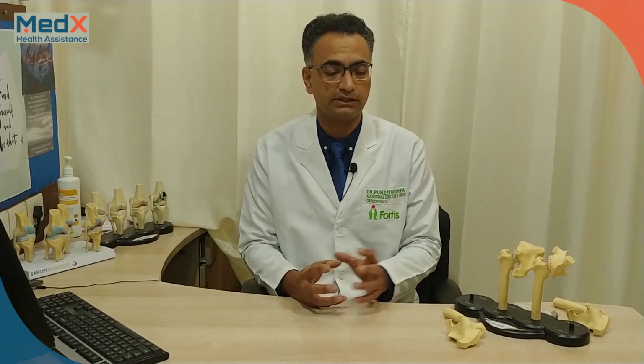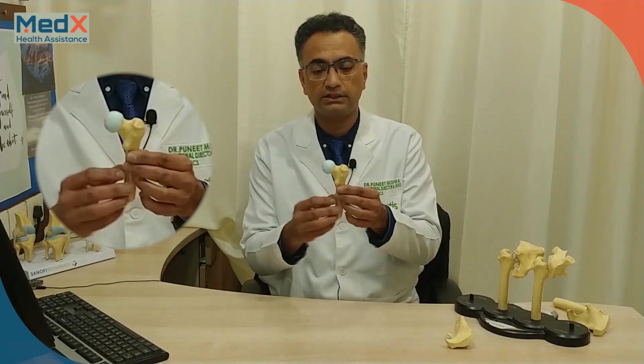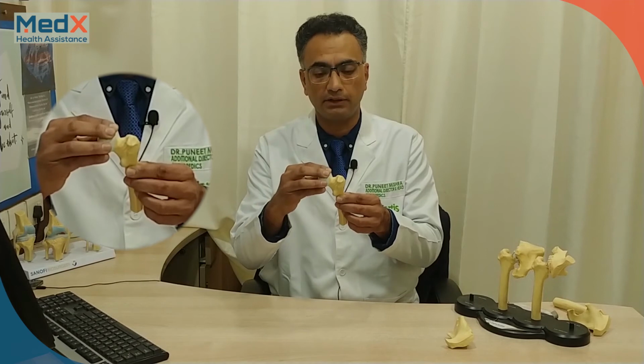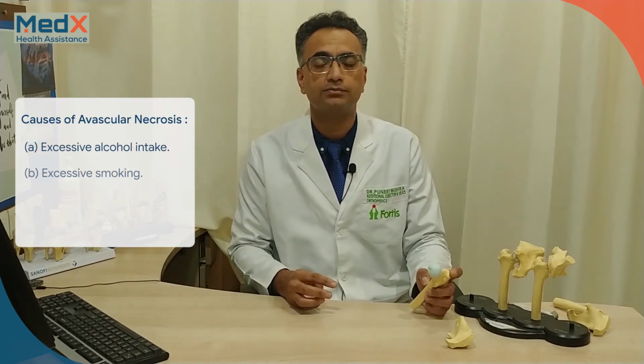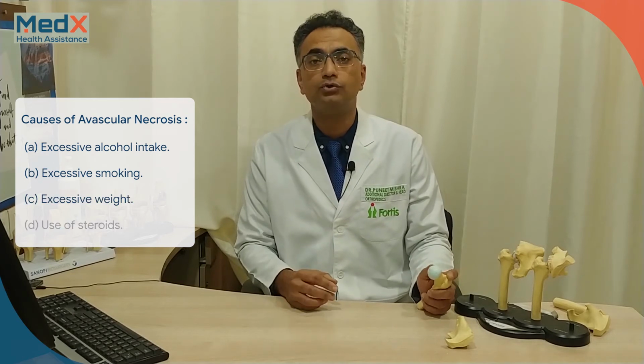Coming to young adults and patients in their middle age, a very important and common condition is avascular necrosis, in which the blood supply of the head of the femur, the ball, becomes damaged. There are certain factors like excessive alcohol intake, smoking, excessive weight, and use of steroids.